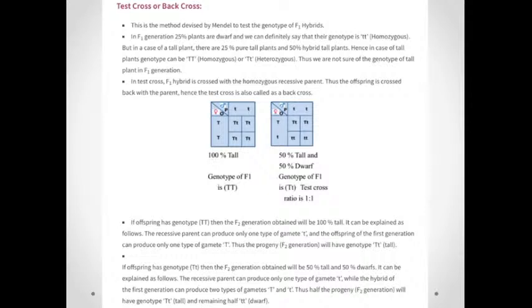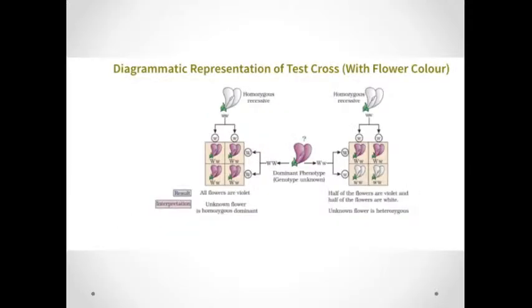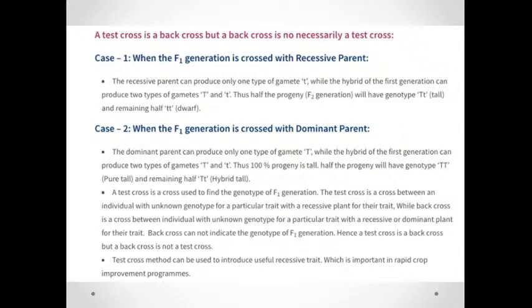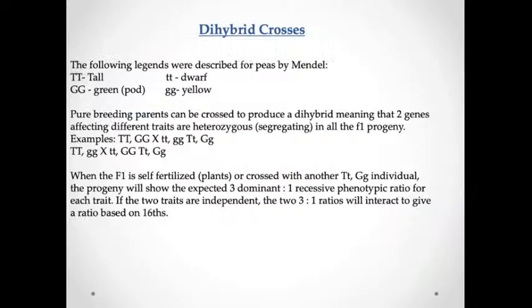There is also the test cross, which we have discussed already, to check what the reason was behind the 50% tall and dwarf, whether it is the gene that is present or the one that has been repeated. Then there is the dihybrid cross. Instead of a single trait, we check two traits. In this case, tall and dwarf is also there, but also green pod and yellow pod.